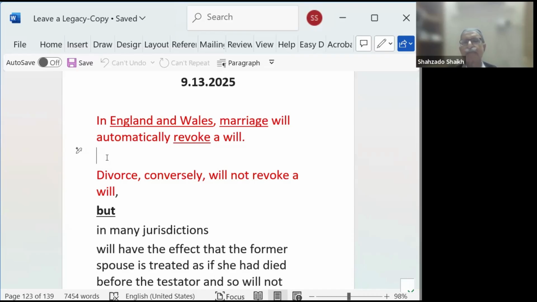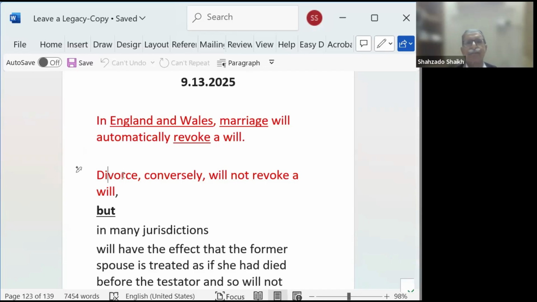For example, somebody has made a will for the grandchild, and now the wife has died or something has happened, and he's going for another marriage, and after the marriage, he just forgets about the will which he had made earlier for the children, for the grandchildren. So the will which has been made before marriage gets revoked automatically after the marriage.